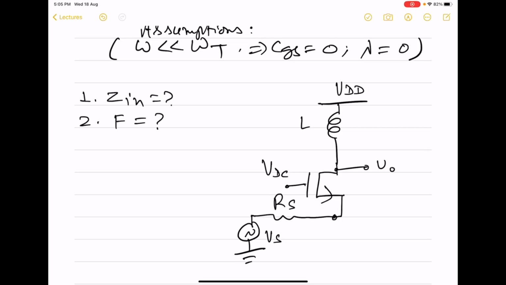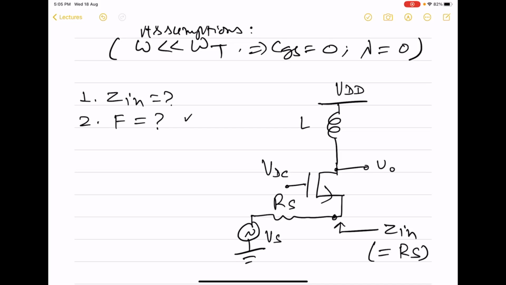And we will see that for this configuration, once the input impedance is fixed, which is looking from here, and obviously for the match condition it should be equal to RS, we will have no control over the noise factor.